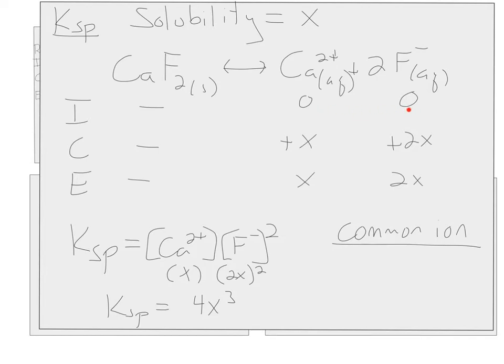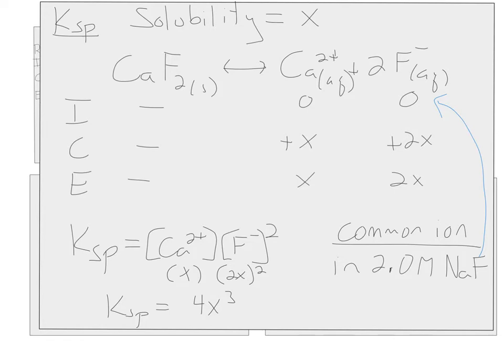If I had pure water, it would be 0, but we could get a question that says, what is the solubility in 2.0 molar NaF? What does sodium fluoride have to do with calcium fluoride? It has a common ion of fluorine. So my fluorine in this case would not be 0. My fluorine would be 2 molar.